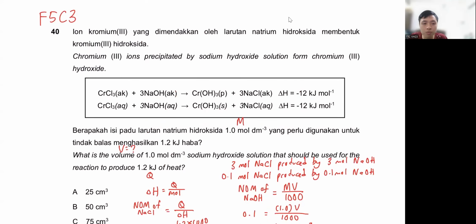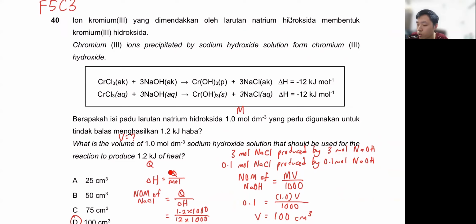The last question for paper 1 is chapter 3, question 1. This one is just a calculation. Remember, they gave delta H, and they want the volume. The number of moles equals MV over 1000. Before that you need M, but do you have the number of moles? No. So you have to find the number of moles through this formula, because they also gave Q here.